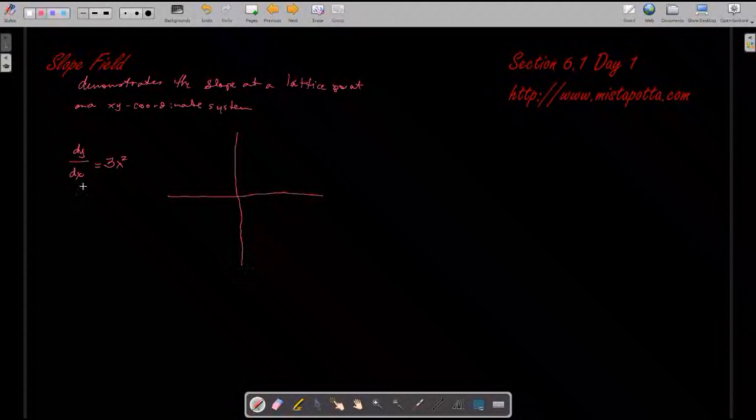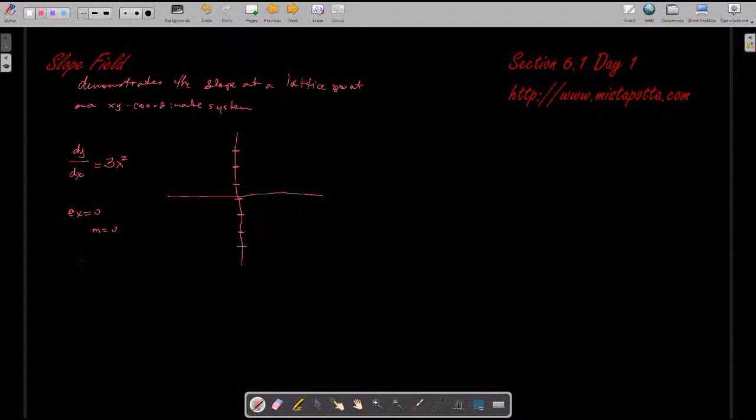And so, for example, at x equals 0, my slope is going to be 0, because 3 times 0 squared is 0. And so that means whenever x is 0, each of these demonstrative segments is going to have a 0 slope.